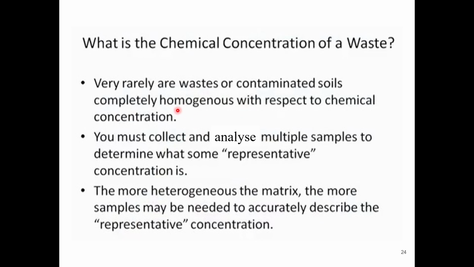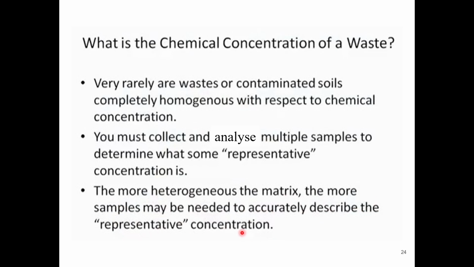Ideally we can consider it homogeneous, but actually it is always heterogeneous, and therefore we must collect and analyze multiple samples to determine what some representative concentration is. So it is very important to collect and analyze various samples taken from various locations in order to determine what can be a representative concentration of that area. The more heterogeneous the matrix, the more samples may be needed to accurately describe the representative concentration.